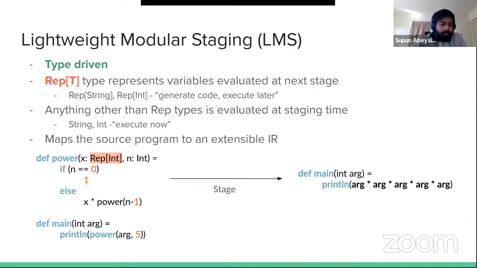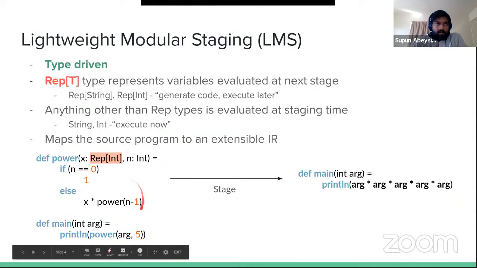So simply something we do not know at the current stage, right? And operations on these Rep types, for example Rep String, Rep Int, or whatever, would generate code, which will be executed later when we have the exact value of those variables. And anything other than Rep types will be evaluated at the staging time. So a string or int would be executed simply as normal variables.